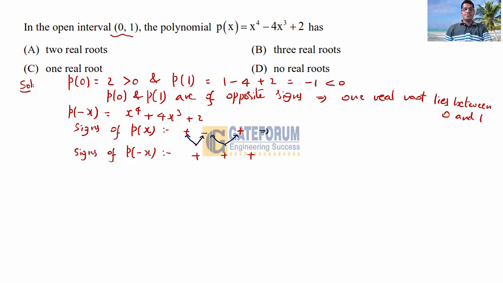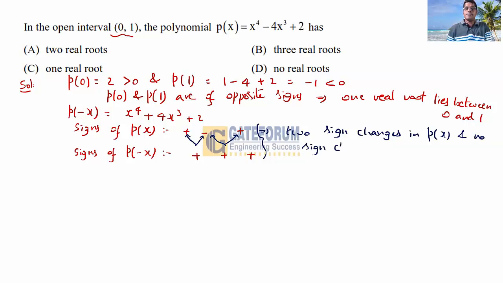So two sign changes in P of x and no sign changes in P of minus x.